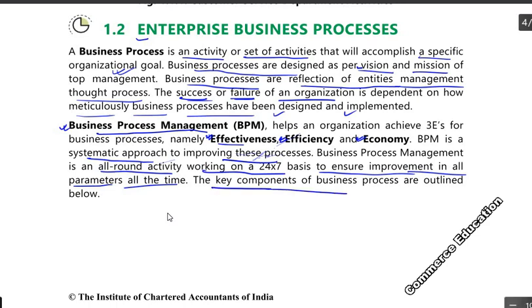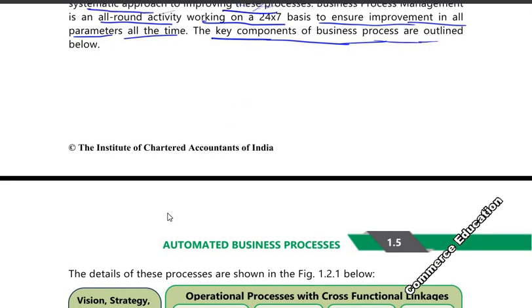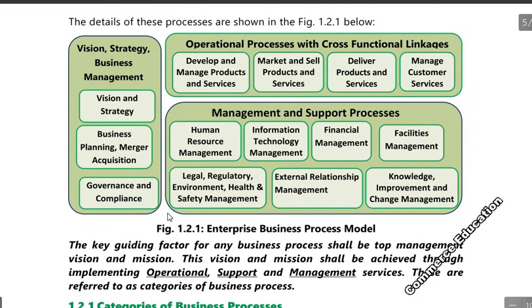Key components of business process are outlined below. So let's see what has been outlined. There is vision, strategy, business management. Vision, strategy: this is the decision of top management.